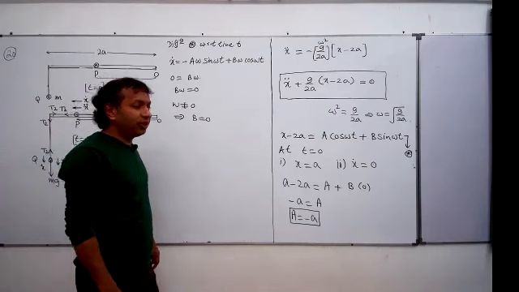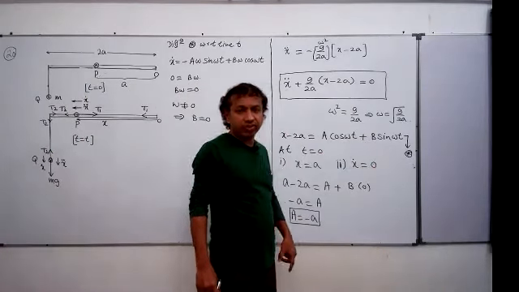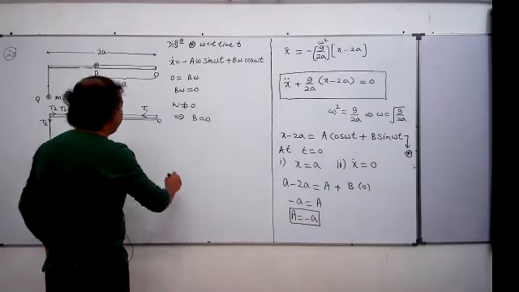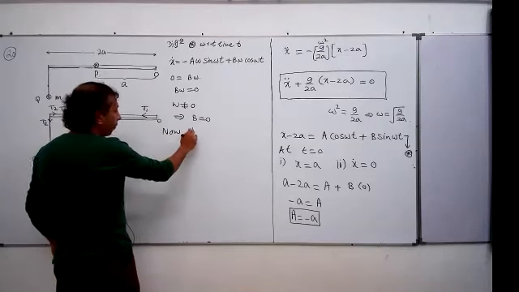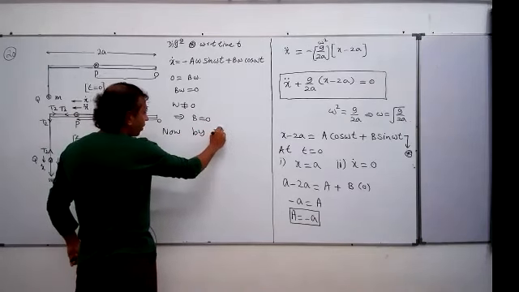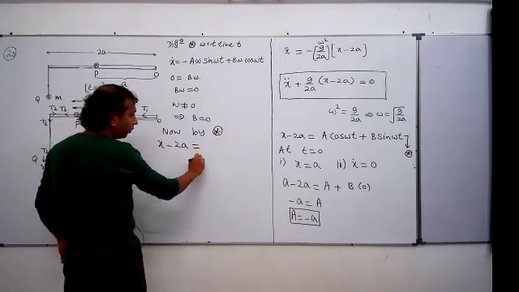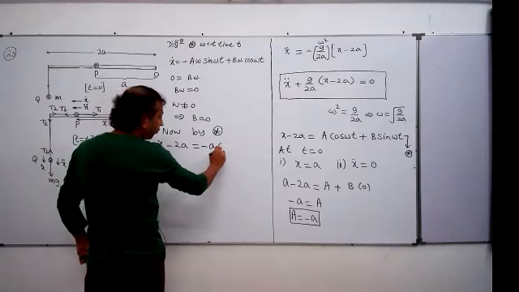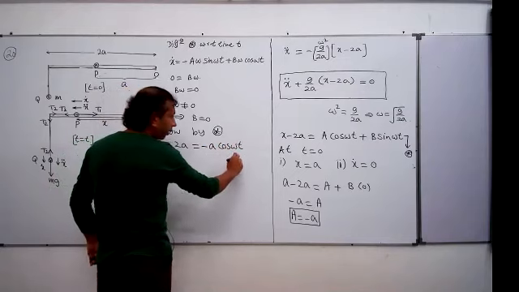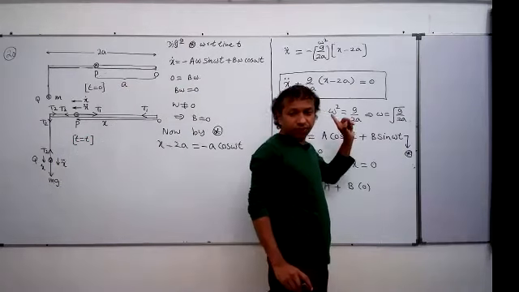After knowing A and B, we can put those values in star. By star we can write x minus 2a equals minus a cos omega t. B is 0, so that whole term will be 0.